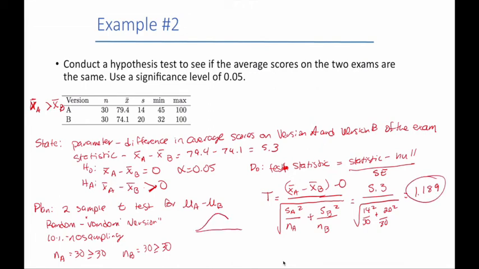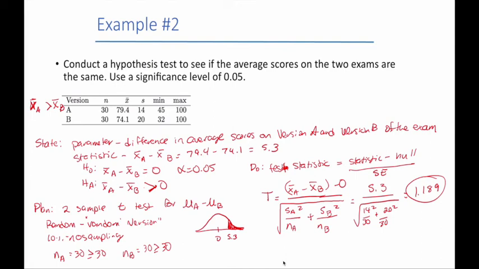If we sketch our picture, if the difference really is 0, the probability of getting a difference of at least 5.3 is going to be this way.